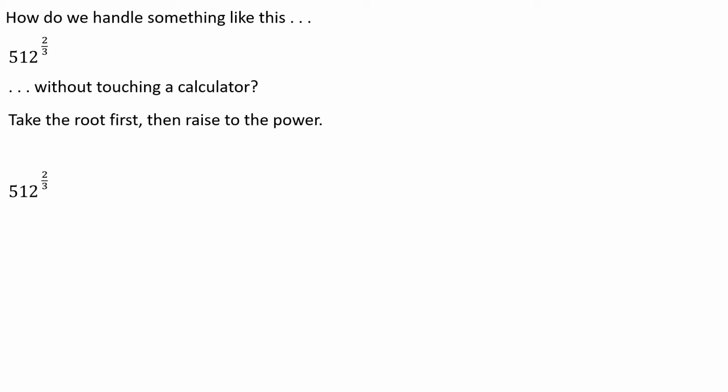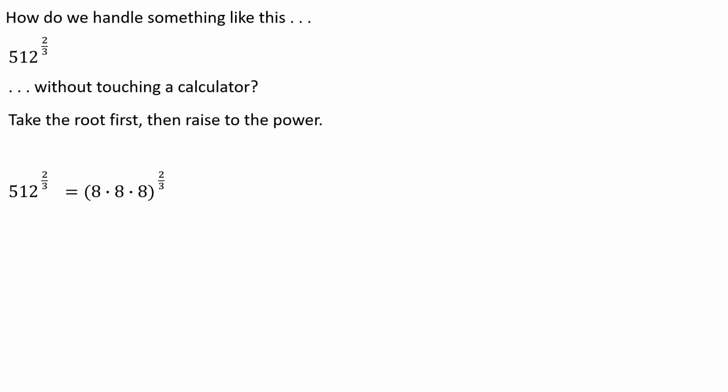So I'm thinking for 512, I can do 8 times 8 times 8. Notice that 8 times 8 times 8 makes 512, and it's 3 identical factors, which is what I need if I want the cube root. So since the bottom of that fraction on that exponent had a 3, I needed 3 numbers that were identical, right?